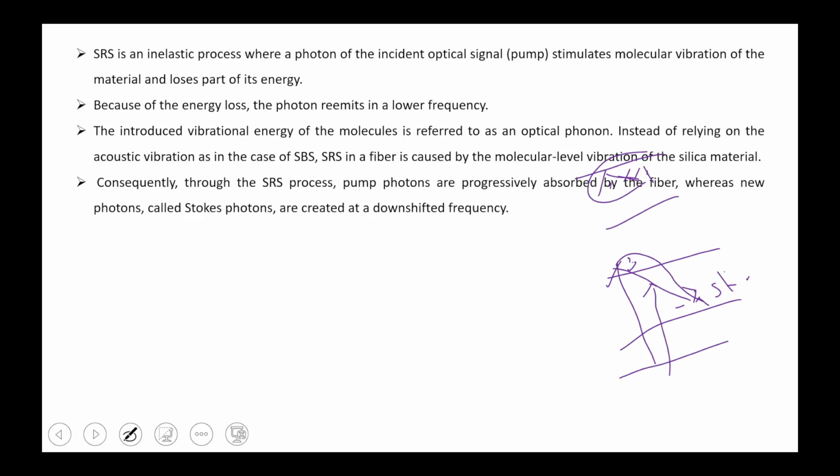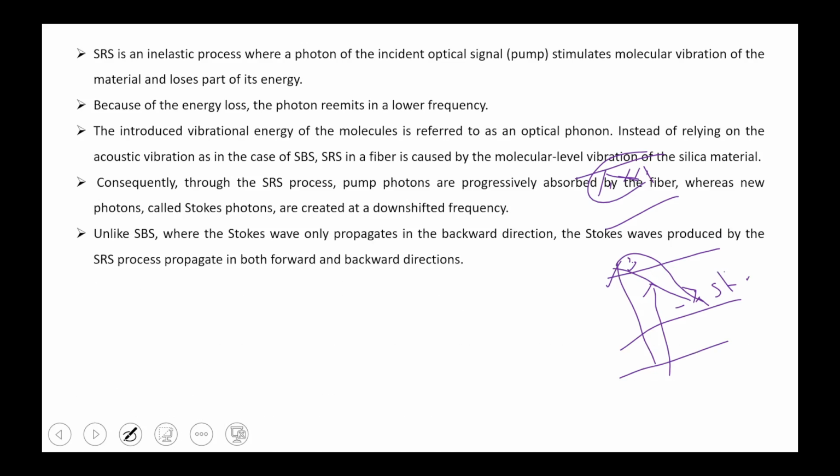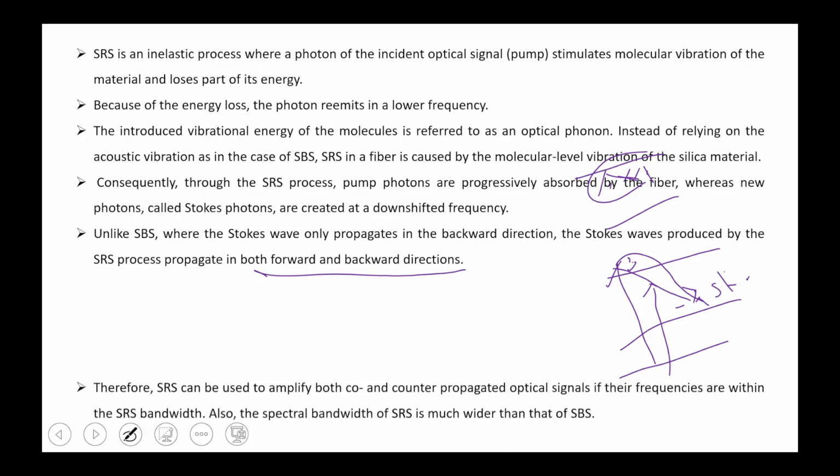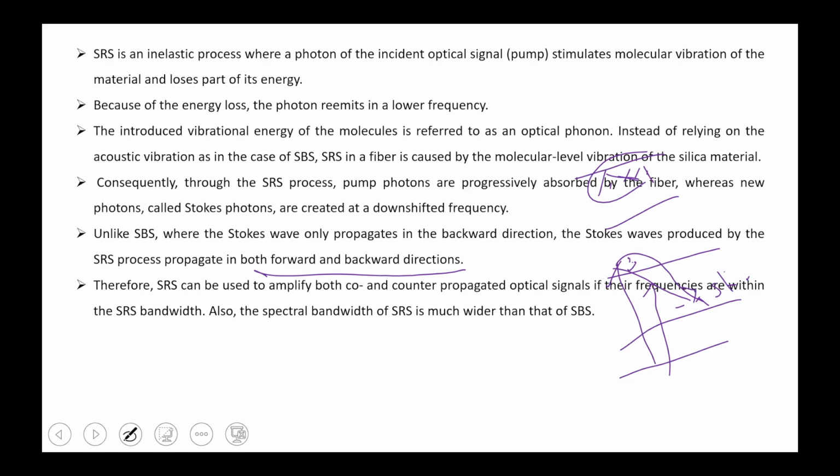Through the SRS process, pump photons are progressively absorbed by the fiber, where new photons called Stokes photons are created at the downshifted frequency. SBS moves only in the backward direction, but SRS moves in both the forward and backward directions. Therefore SRS can be used to amplify both co- and counter-propagating signals within the SRS bandwidth.